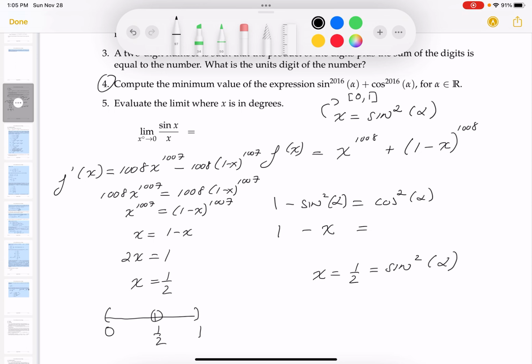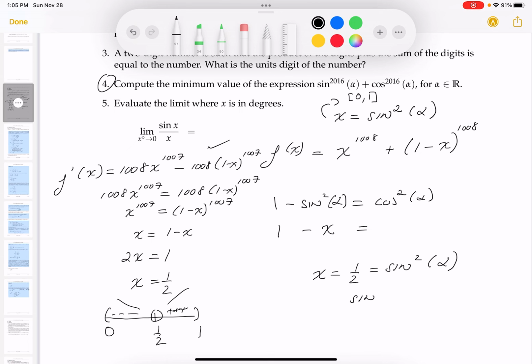I'll pick a number. It's going to be negative over here, looking at the derivative. Yeah, positive. It's a minimal value. All right? Let me keep going.